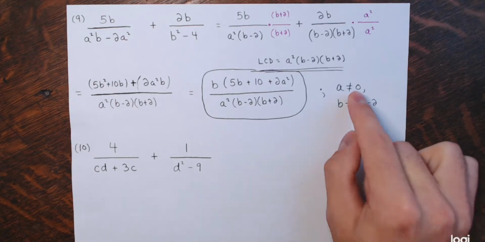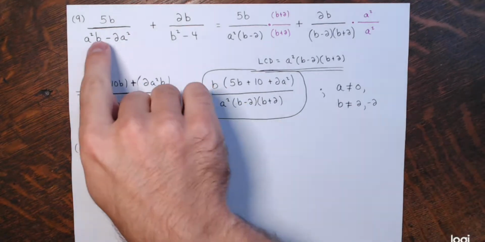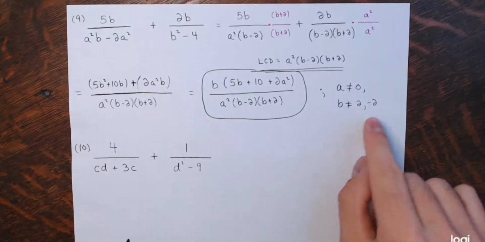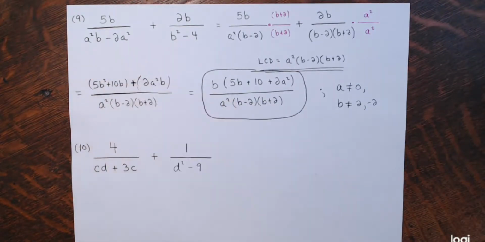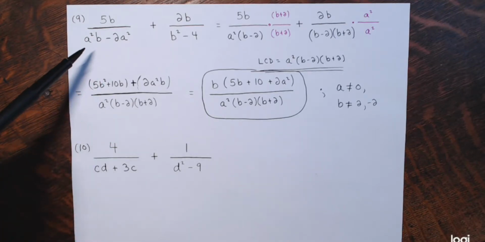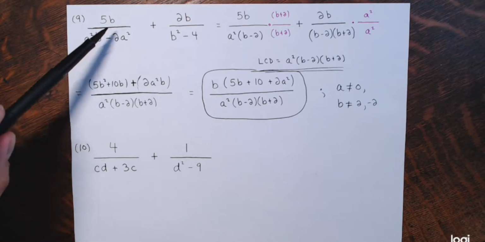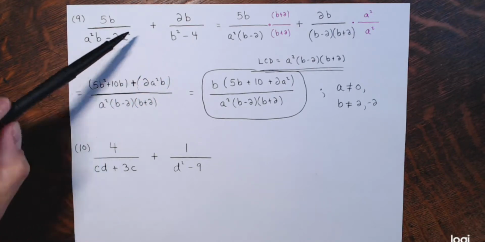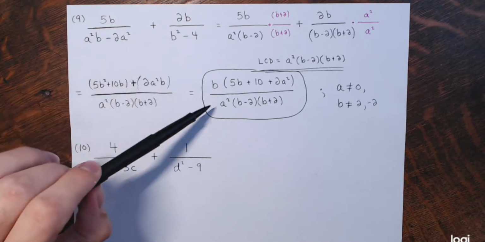If a were 0, that'd make this denominator 0. If b were 2 or negative 2, that would give you at least one denominator of 0 throughout the problem, and that's not good. You can't divide by 0, it's undefined. And once again, I'll leave it to you. Plug in different values of a and b, and see if the original expression has the same value as this last one.